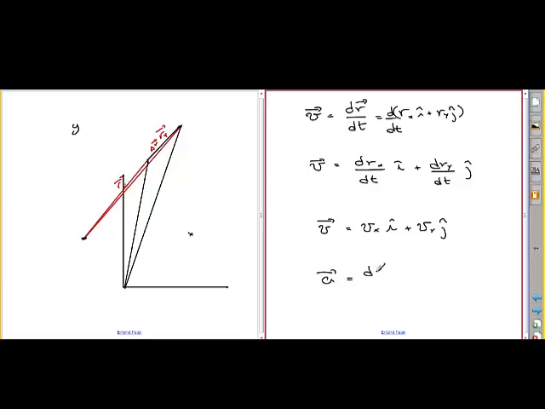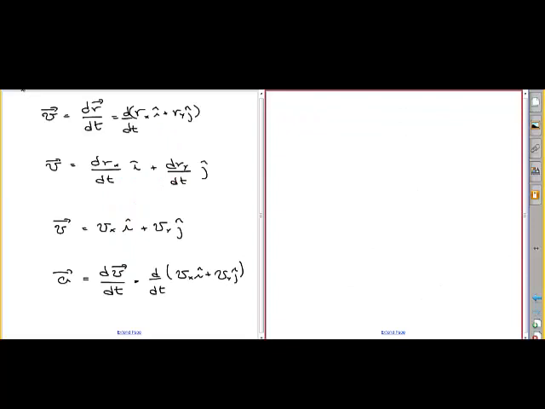So the acceleration vector is the derivative of the velocity vector with respect to time. You've got the velocity broken up according to direction, so that would be v sub x times i plus v sub y times j. And again, you can do each of those separately.